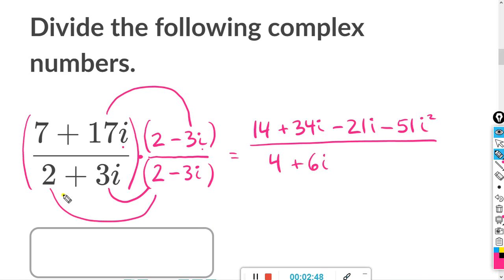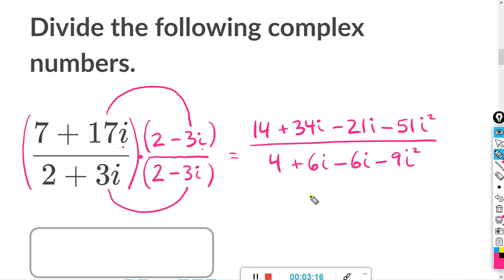But the outer term is 2 times negative 3i, so that's negative 6i. So you see, these will always cancel if you do this properly. And then finally, for the last term, 3i times negative 3i. Well, 3 times negative 3 is negative 9. And i times i is i squared.